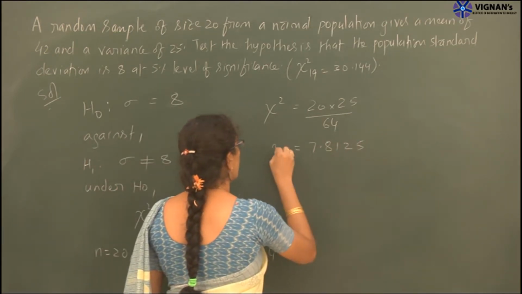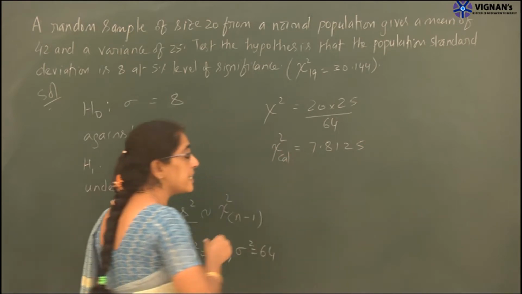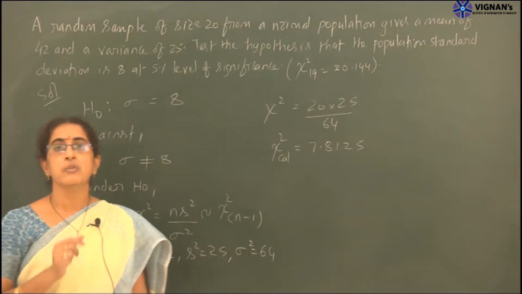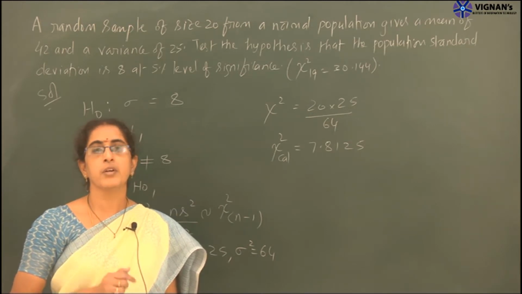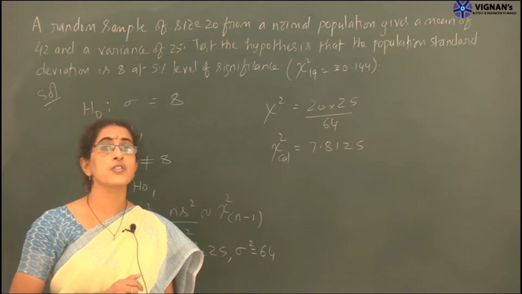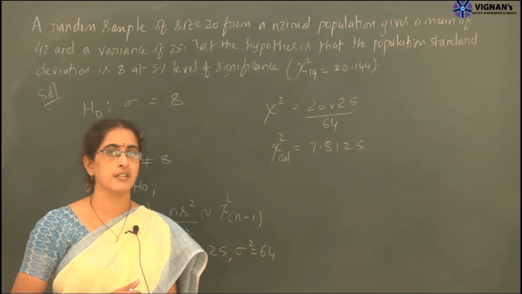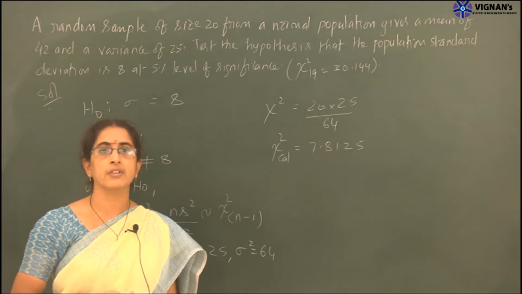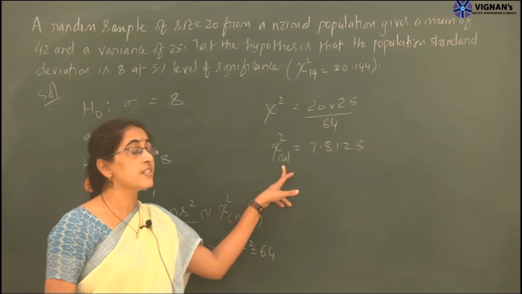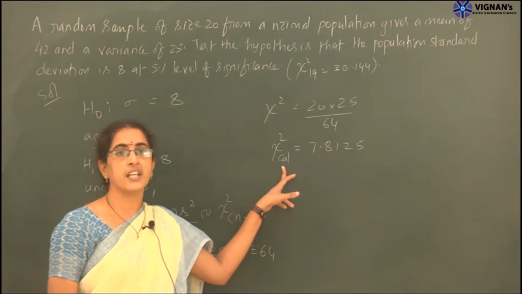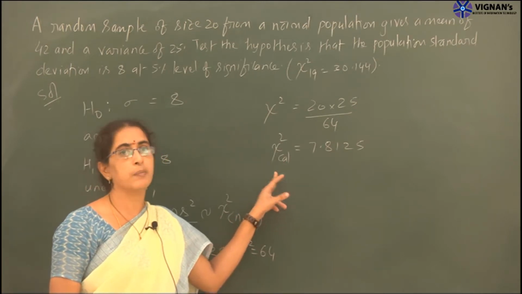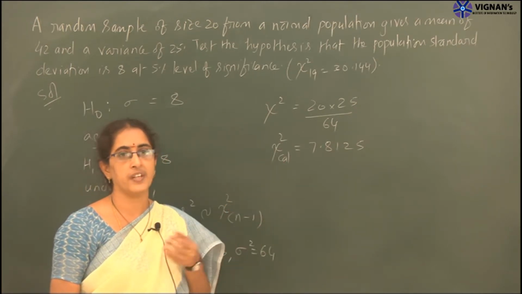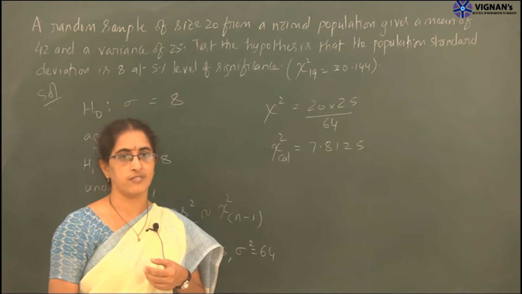Now remember always the chi square calculated value, the test statistic for variance, will be always positive only, because variance is nothing but sum of square of deviation from the means. So variance cannot be negative. Whether it is single or difference of variance, the calculated value will always be positive. So there is no question of negative here and considering the modulus of it.